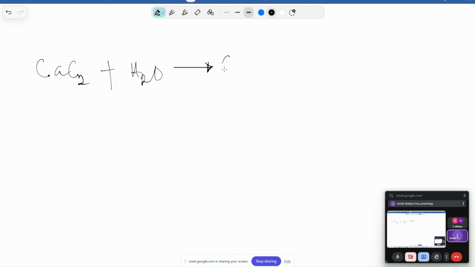We are going to form calcium hydroxide, and then ethyne will also be formed, C2H2. To balance it up, we put 2 here. So that is the equation you have there. Now you see this calcium carbide is a solid.